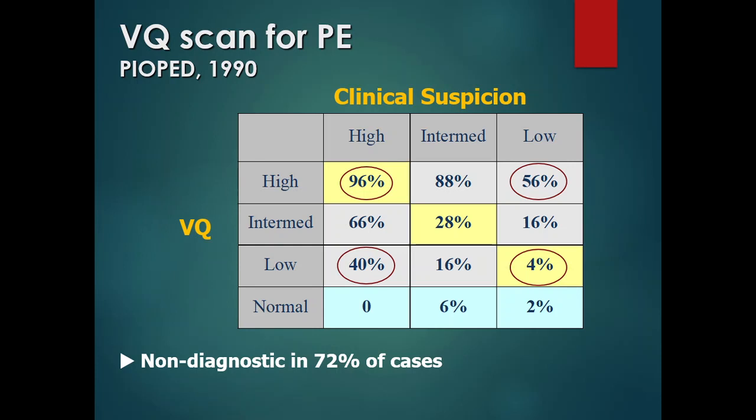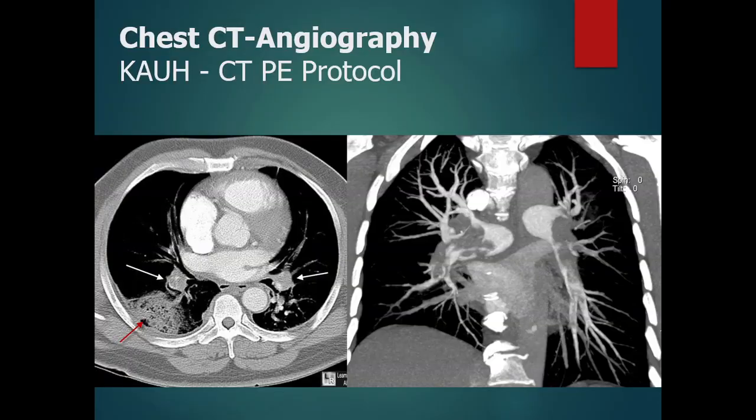Your best bet with a VQ scan is to have a high probability and high index of suspicion, or low probability and low index of suspicion, or a normal VQ scan, which is kind of unusual to get. So it is non-confirmatory in a lot of cases, and we used to do pulmonary angiogram.